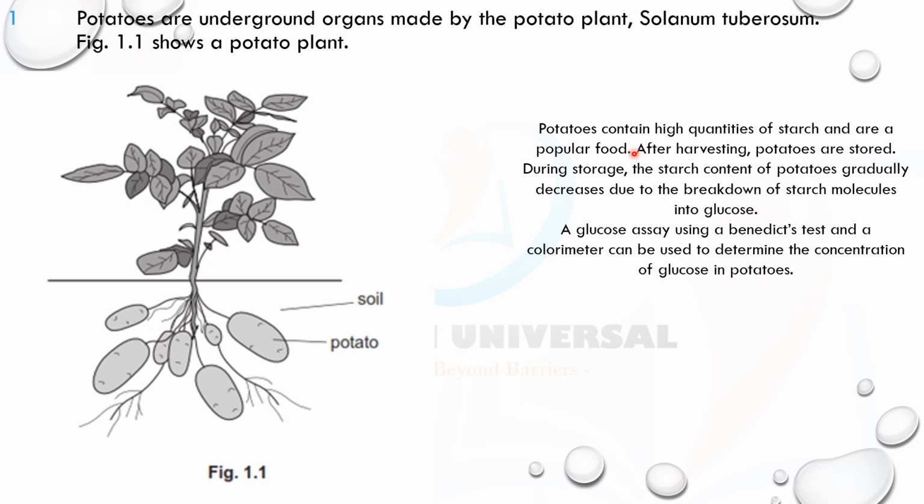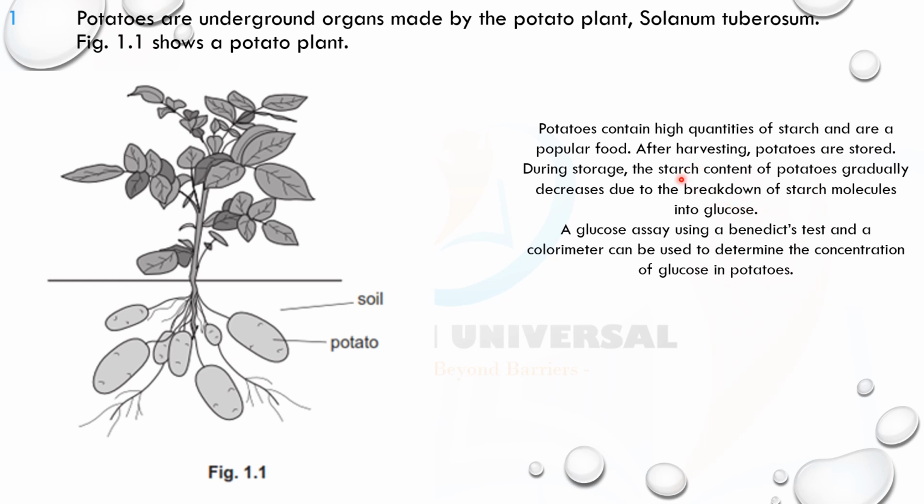So, potatoes contain high quantities of starch and are a popular food. After harvesting, potatoes are stored. During storage, the starch content of potatoes gradually, now pay attention, gradually decreases due to the breakdown of starch molecules into glucose.